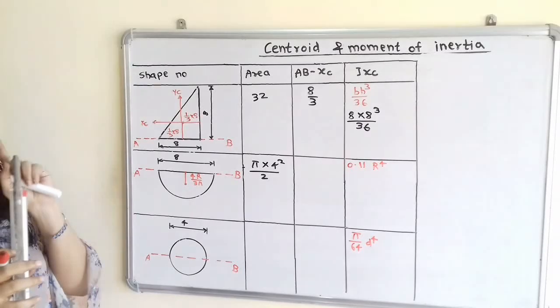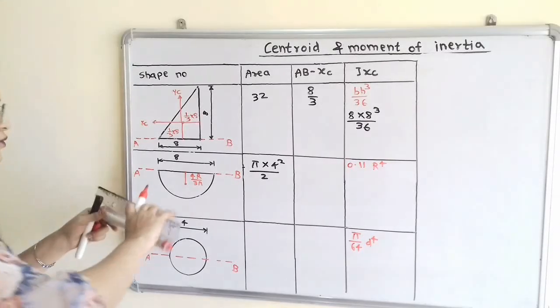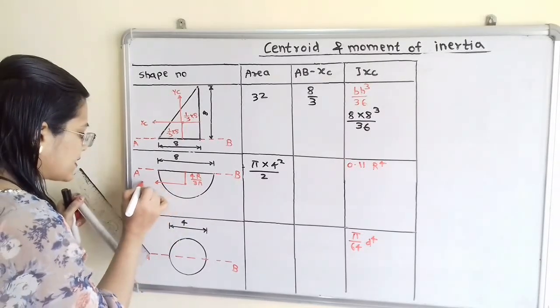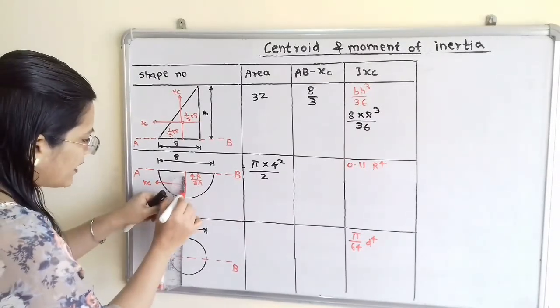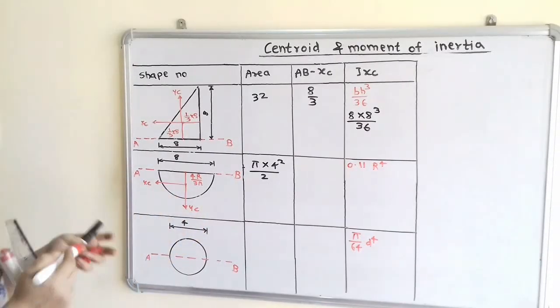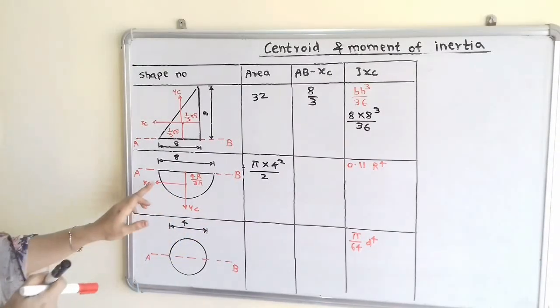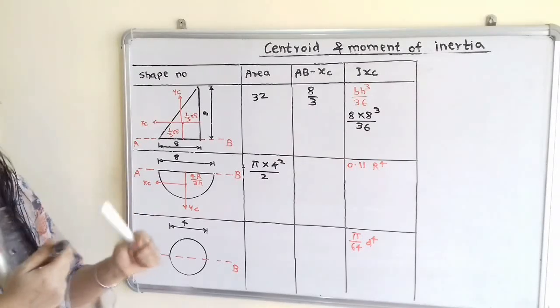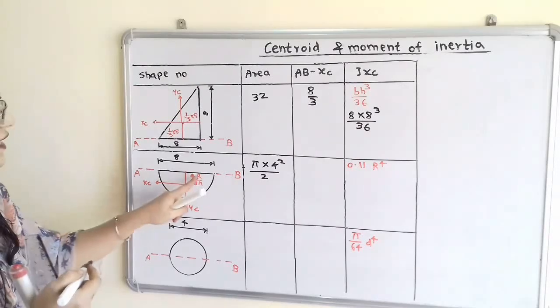Now we will show the axis passing through the centroid. So this horizontal axis is known as XC and vertical axis is known as YC. Now we have to show the distance in between this XC and AB because AB and XC are parallel to each other. So here r, that means radius.